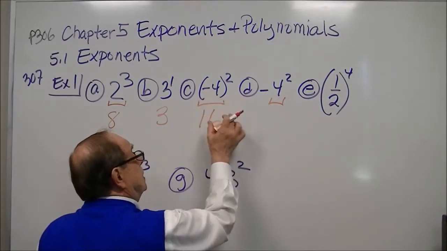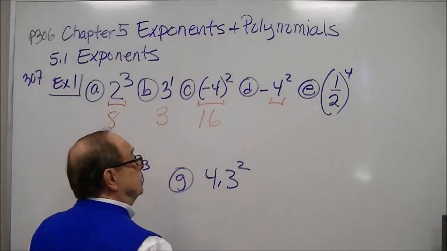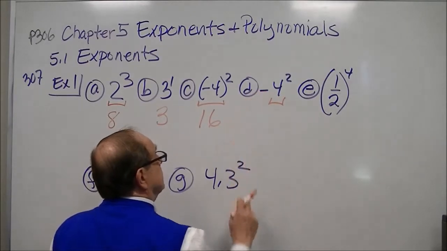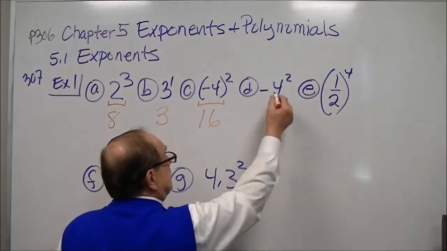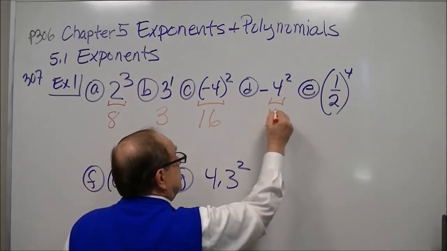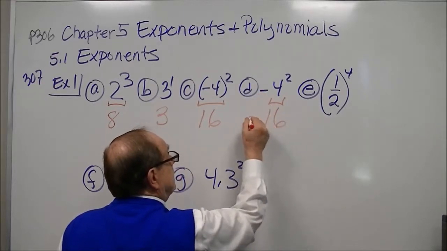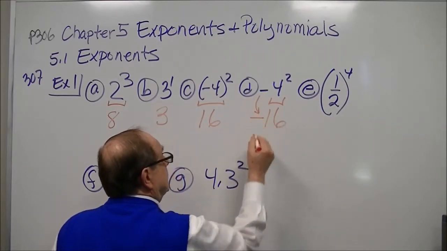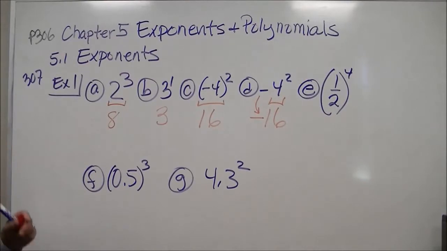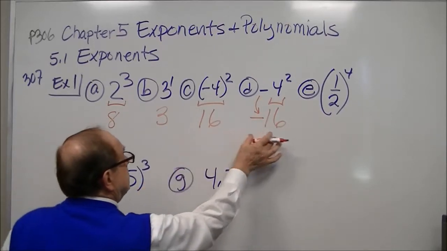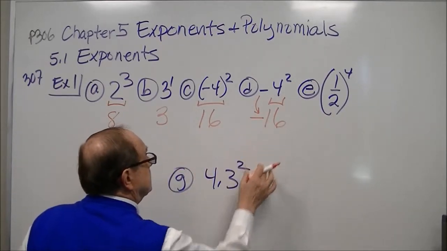Now if we had it in parentheses, it would include the negative. But here it doesn't include the negative. So 4 to the 2nd is going to be 16, and then we apply the negative. So many students have gotten that wrong because they didn't realize that these two are distinct.